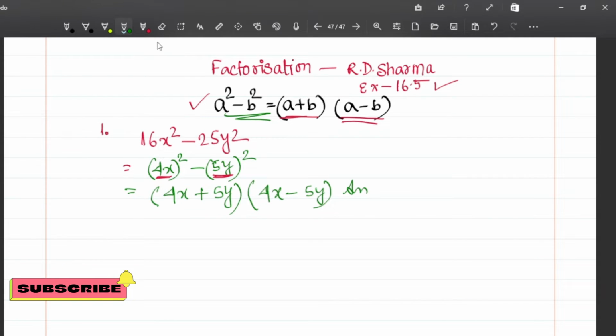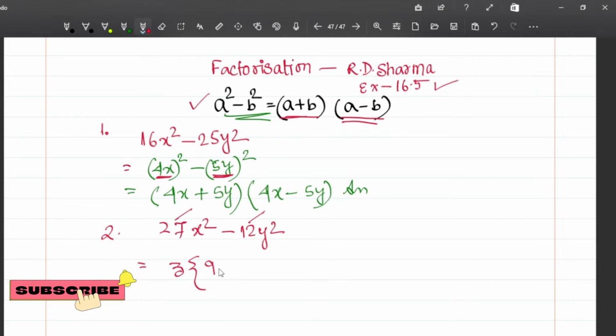Now take sum number 2: 27x square minus 12y square. So first we will take common from 27 and 12. 3 is the common. So here we can write 9x square minus 4y square.